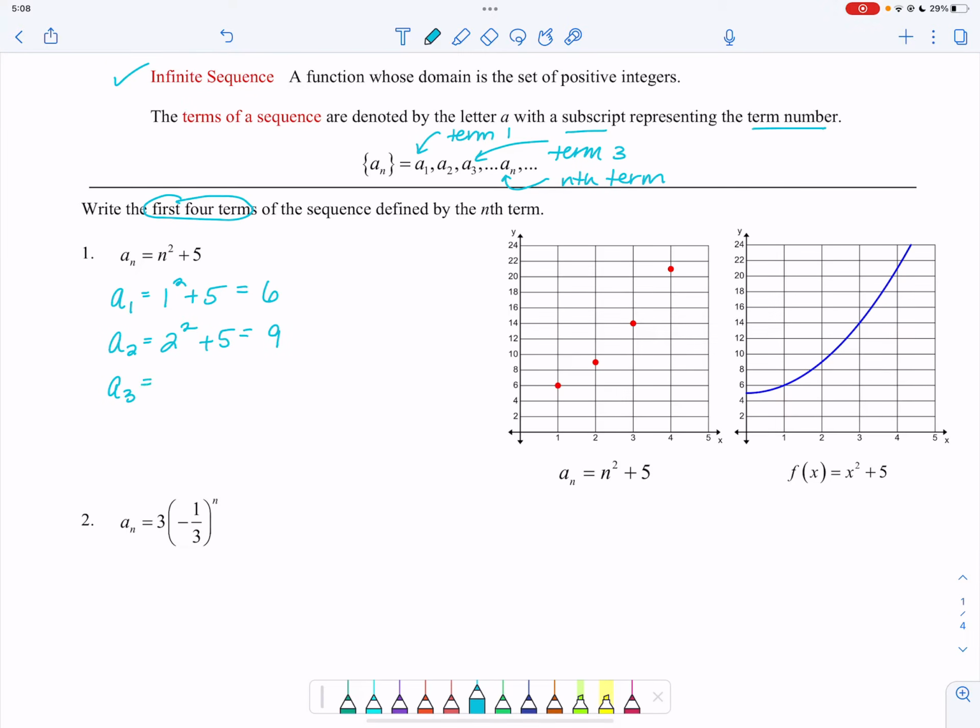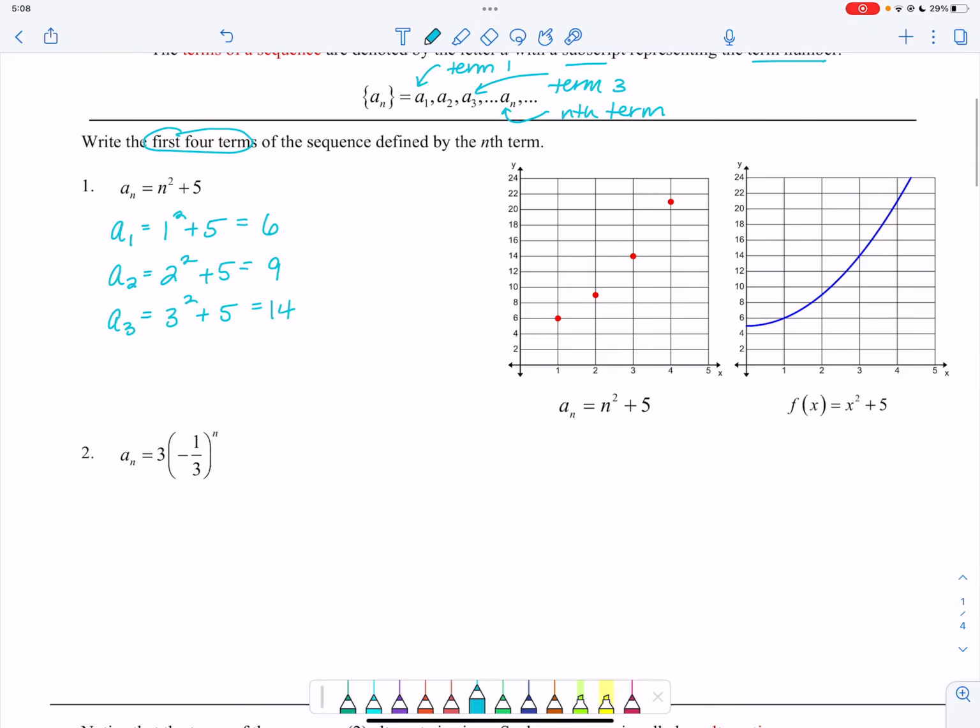A sub 3 is equal to 3 squared, plus 5, and that's equal to 14. And since we want the first four terms, we'll go to a sub 4, which is 4 squared, plus 5, and that's equal to 21. You can see the terms here, 6, when n is 1.